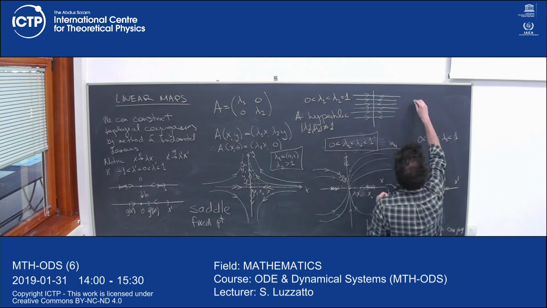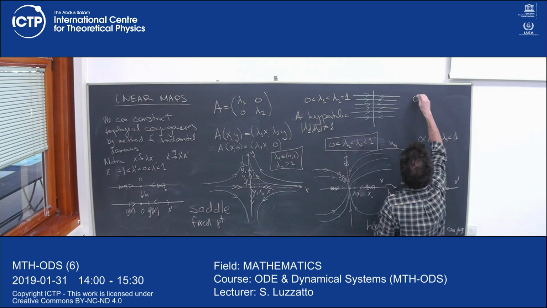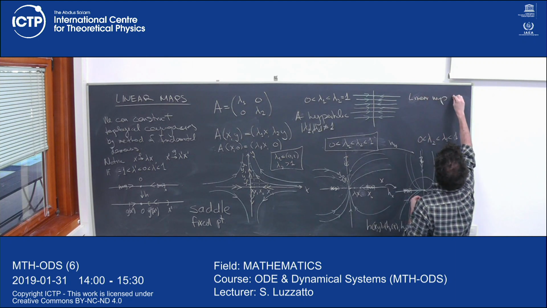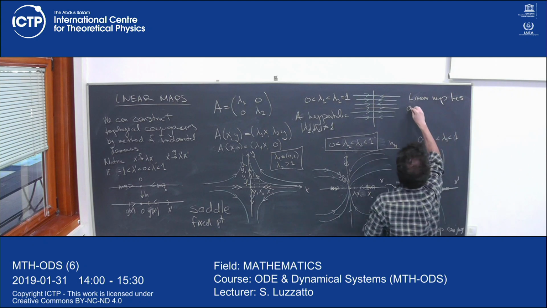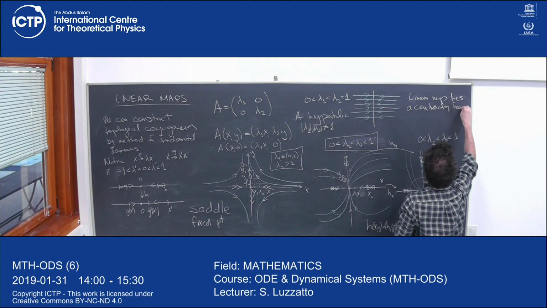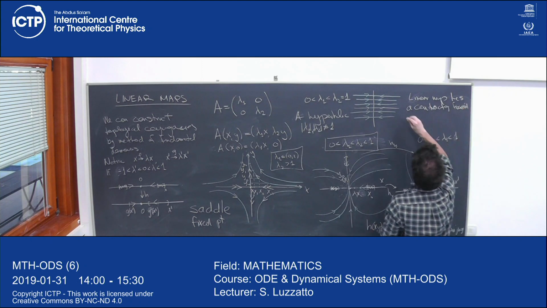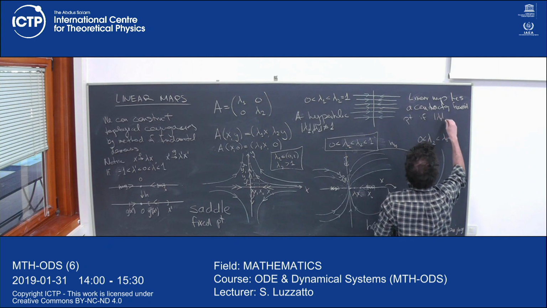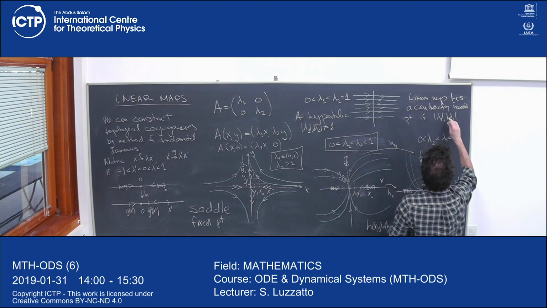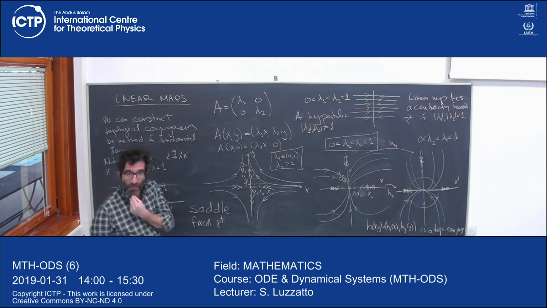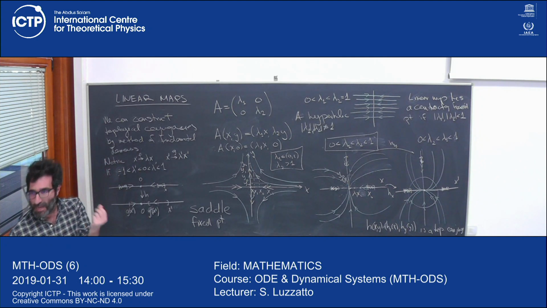So the linear map has a contracting fixed point at the origin if the absolute value of both eigenvalues is less than 1.